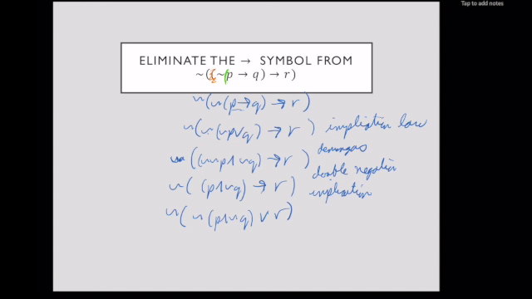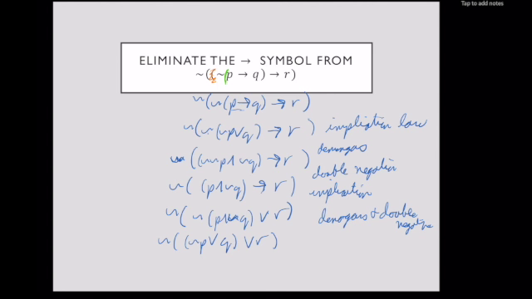The next thing I need to do is De Morgan's. I'm going to distribute this. So I've got not P or not Q. I'm going to use De Morgan's and double negative all at once so I can save some room. So I have not P or Q or R. That is De Morgan's.